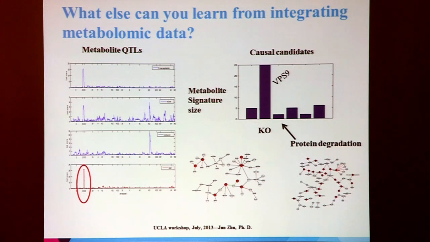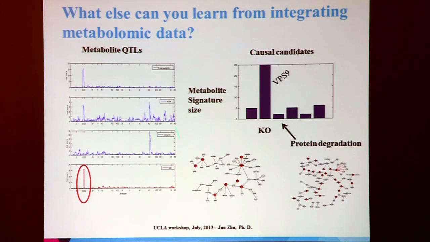So there are a lot of things. One thing we see is that many of the metabolites are proteins, or amino acids. You see this one regulates LEU2, which is mainly related to protein biosynthesis. We see all these metabolites have a peak there, so that's not surprising. But we also find another peak here.